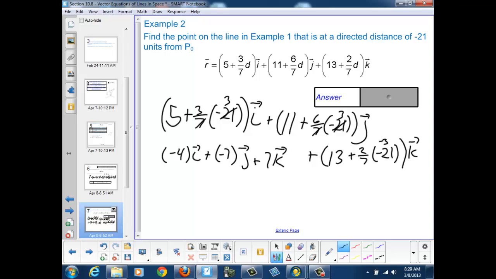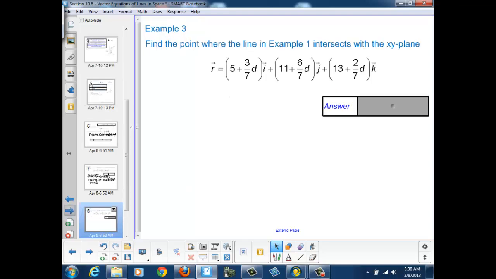So that would be my position vector to a place on the line, and the point itself would be those component coefficients, so (negative 4, negative 7, 7). There we are. Notice how my answer was a coordinate because I asked for a point, not the position vector to the point.